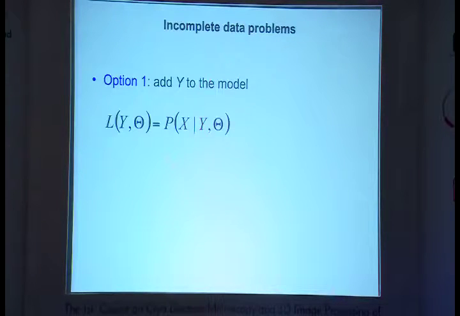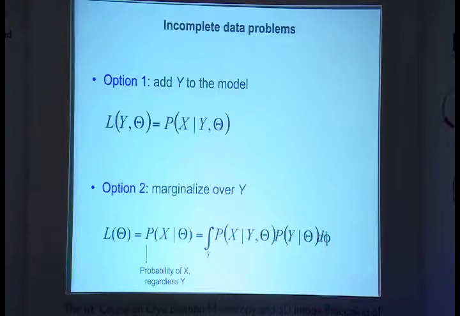So how do we overcome these incomplete data problems? We add Y, which is the possible rotations and shifts, into the model. In one way, we add this and then try to find the single best match between the experimental image and the reference image. Or in another way, we can marginalize over Y, which means that regardless of what Y is, we can calculate a probability of all possible orientations, weigh them and get the best weight.